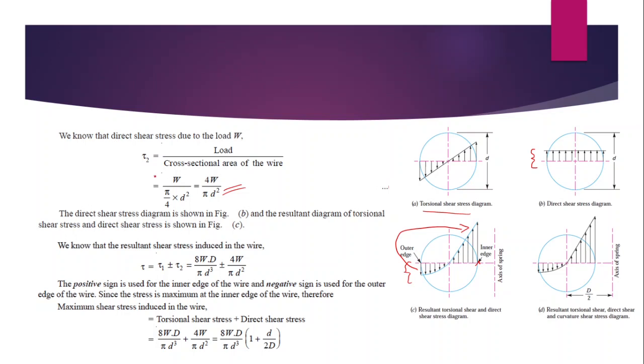Here again, the maximum shear stress induced in the wire is equal to torsional shear stress plus direct shear stress, the sum of these two values.